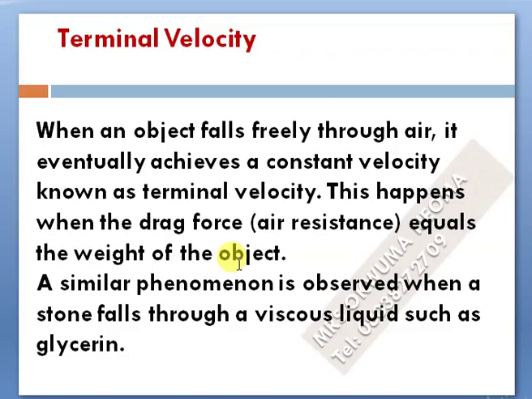So when the body is falling freely through air, and a time comes when the weight of that body, which is acting downward, balances or is equal to the upward force, which is the viscous force or viscous drag, in that case we say we have reached what we call the terminal velocity. That is, you have achieved a constant velocity.